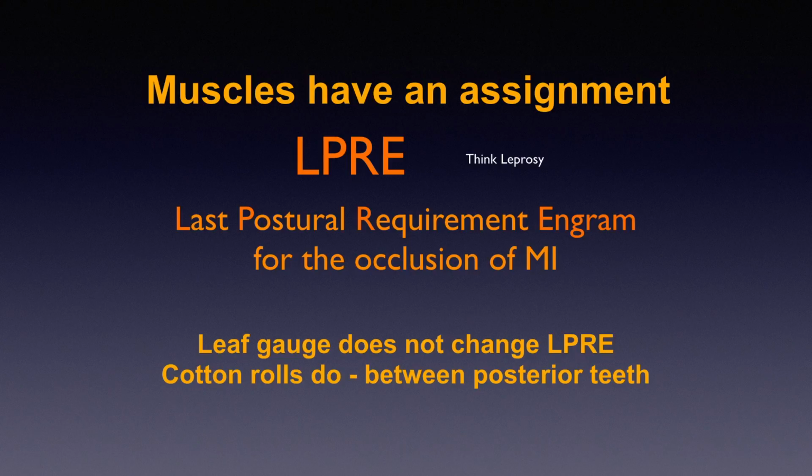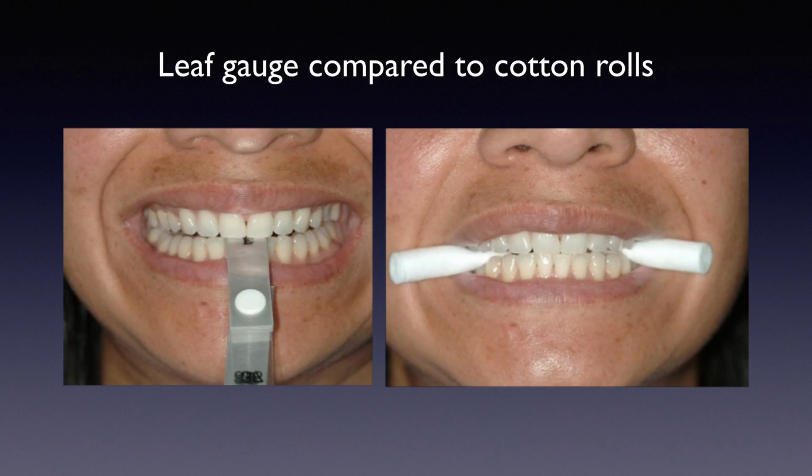The cotton rolls do because they provide a new data set from the posterior teeth. The leaf gauge is a highly successful technique when used properly, emphasis on when used properly, to achieve and record centric relation.